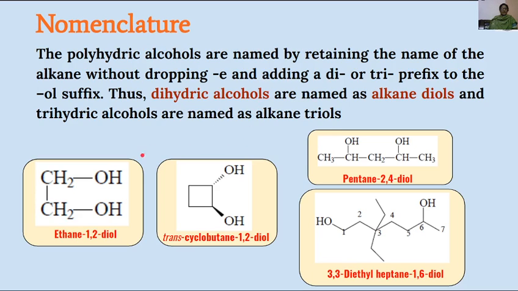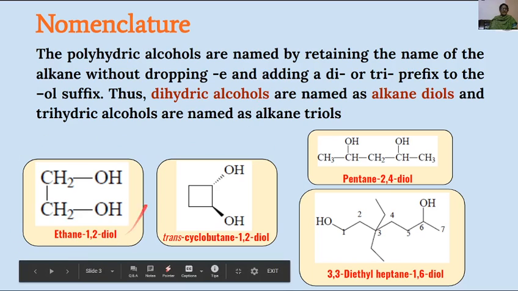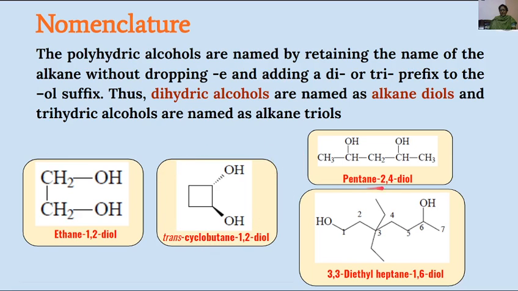If we have this example, that is ethane 1,2-diol, another example is trans cyclobutane 1,2-diol, and the next example is pentane 2,4-diol. Here the positions of hydroxy are 2 and 4 with respect to the functional group.